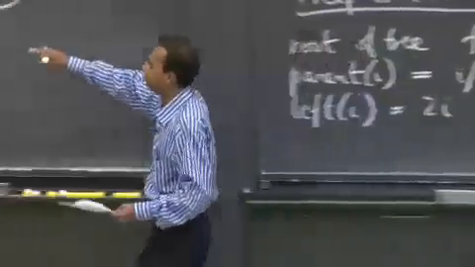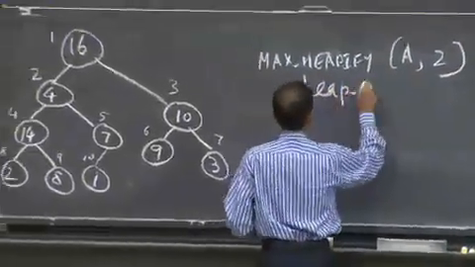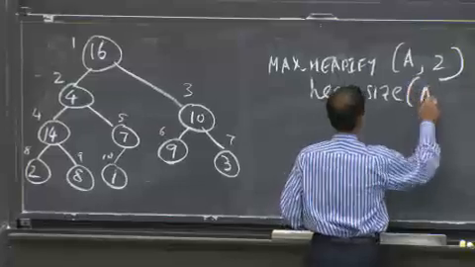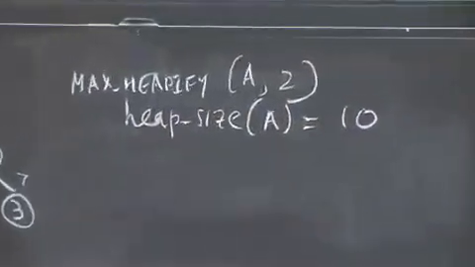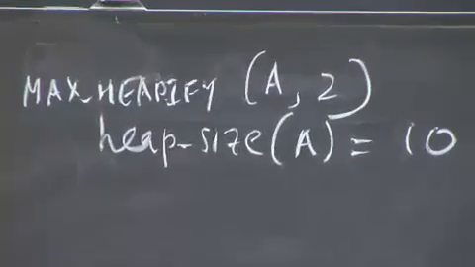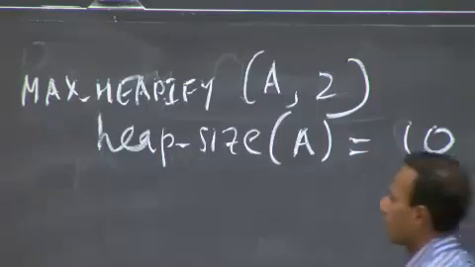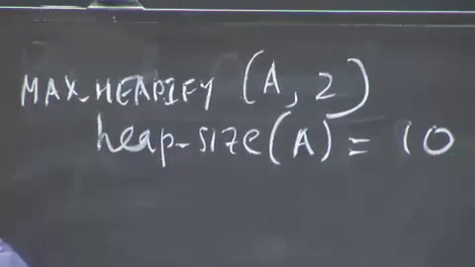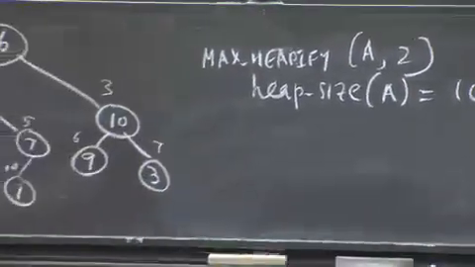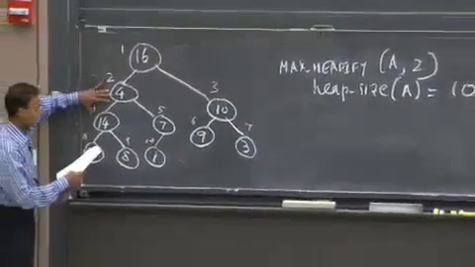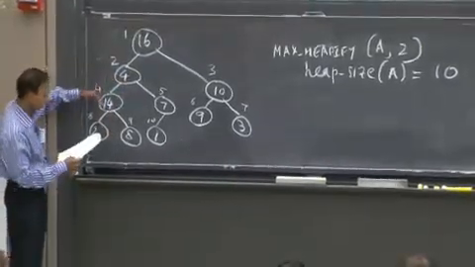So you want to do max heapify A, 2, and one of the things that's going to be important, not in this example, but when we get to sorting, is that we want to know what the size of the heap is, and in this case, the heap size is 10. Right? So what does max heapify do? Well, all max heapify does is exchange elements. And so if you looked at the code for max heapify and walked through it, this is what it would do.